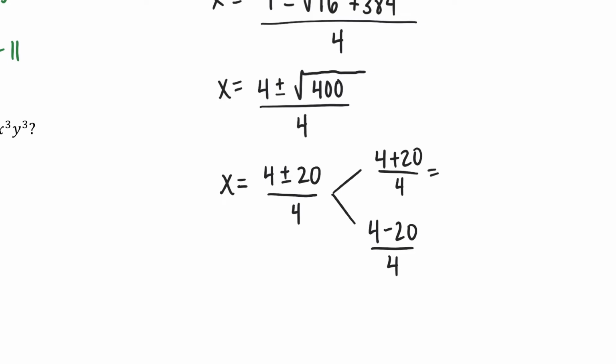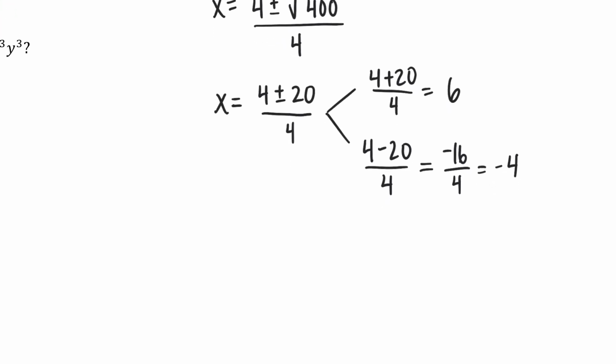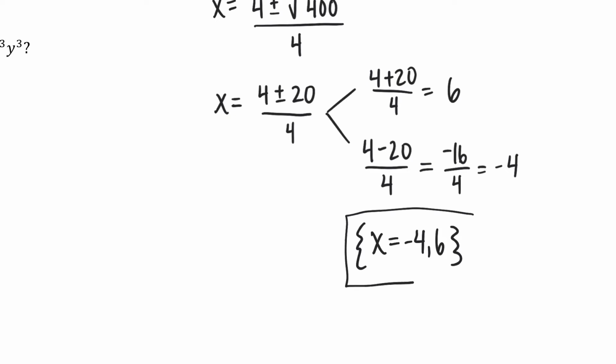So 4 plus 20 would give you 24 divided by 4, which would give you 6. When you do the minus, you get negative 16 over 4, which is negative 4. So those are our two solutions then. X is either going to be negative 4 or positive 6. And again, if you guys are on the retest, remember you can plug these in and make sure they work. If you go back and plug them into the original equation, you'll see that they work.